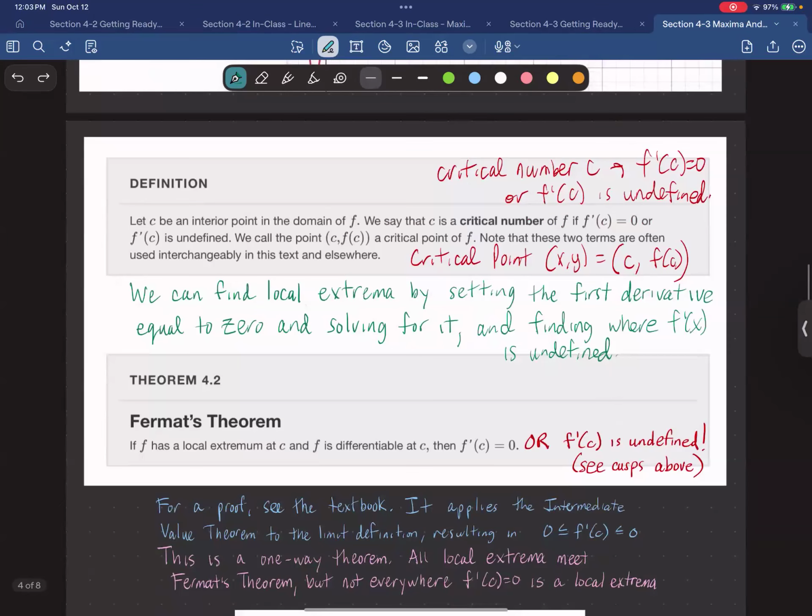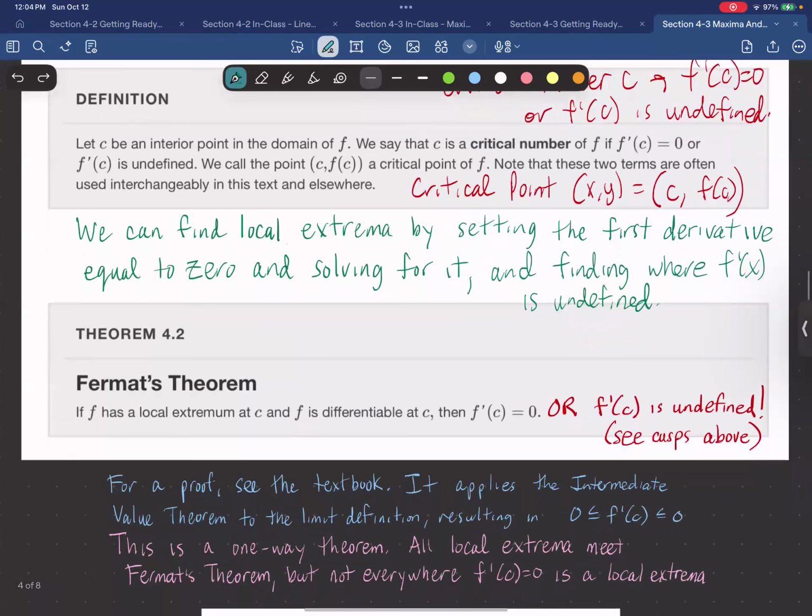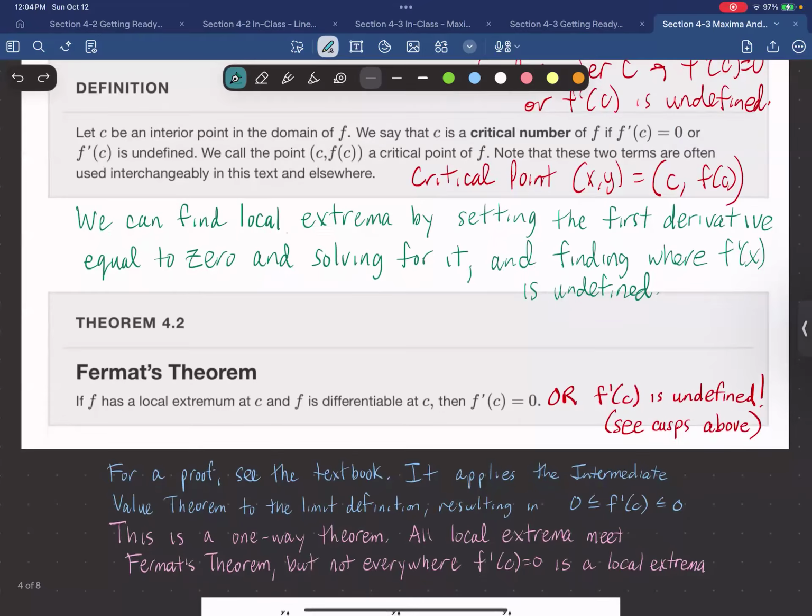It is important. If you're going to be a math major, you should look at the proof. It takes advantage of the intermediate value theorem and the limit definition of the derivative. Approaching from the left is less than 0, approaching from the right is larger than 0, or vice versa, and they end up showing that it actually has a 0 there.